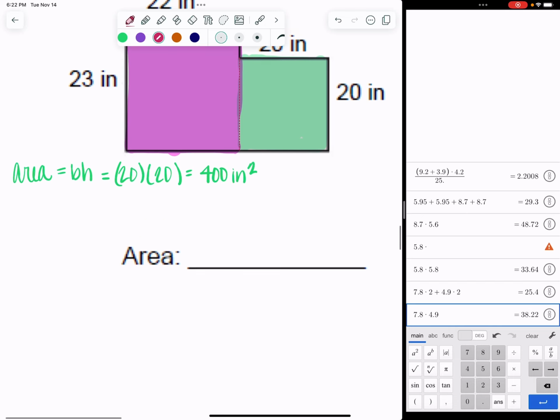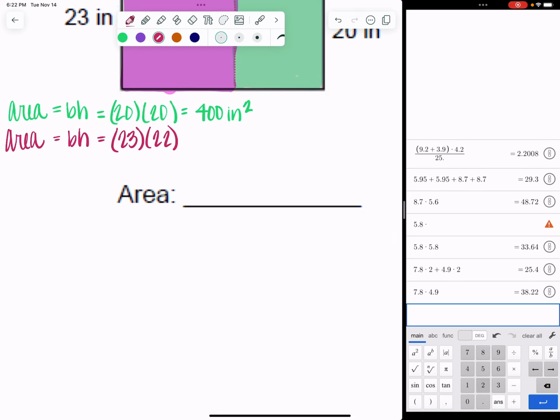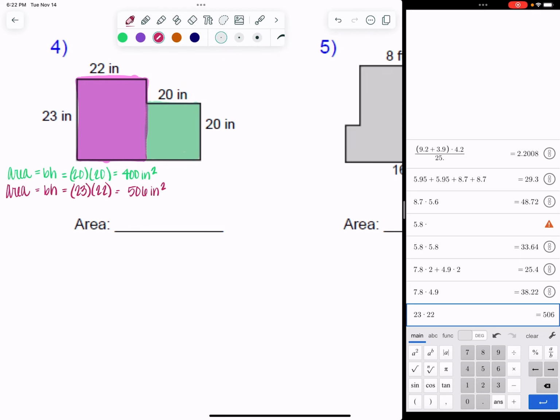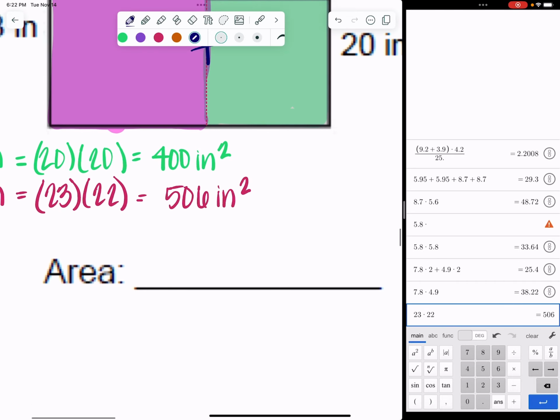Then I'm going to go do the rectangle. For the rectangle, my formula is base times height. So I need to do 23 times 22. So I get 506 square inches. Then to find the area of the whole shape, we add them up.